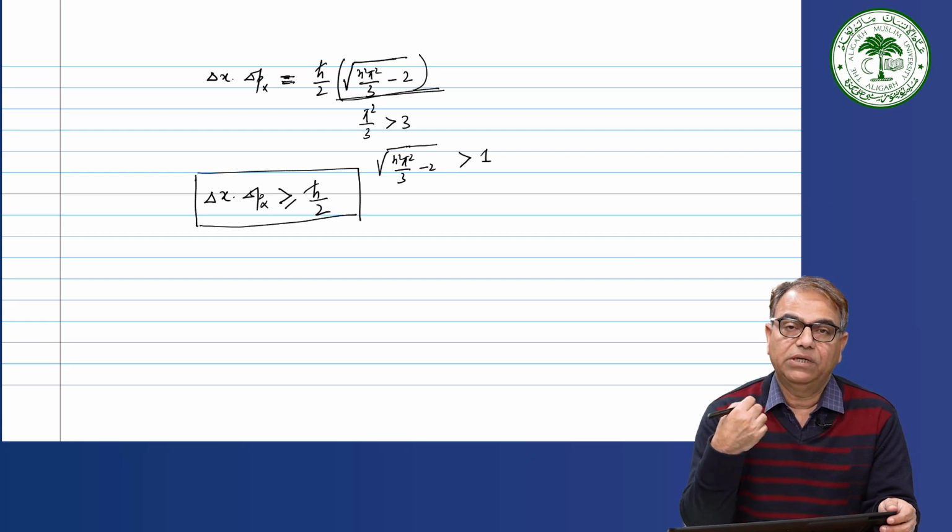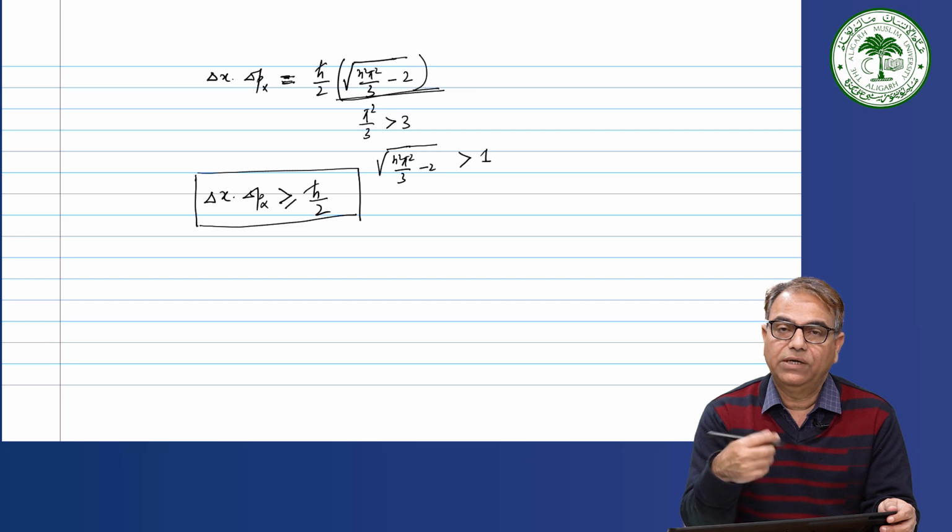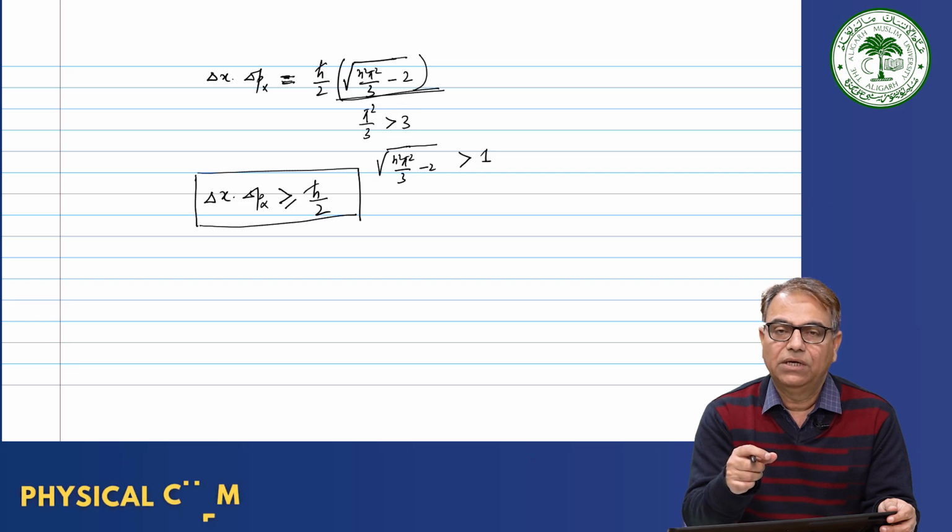So if you apply the Schrodinger wave equation and quantum mechanical postulates, you find the average value of position, the average value of the square of the position, the average value of momentum, and the average value of the square of the momentum, and then you plug these findings into the equation for delta x into delta px.